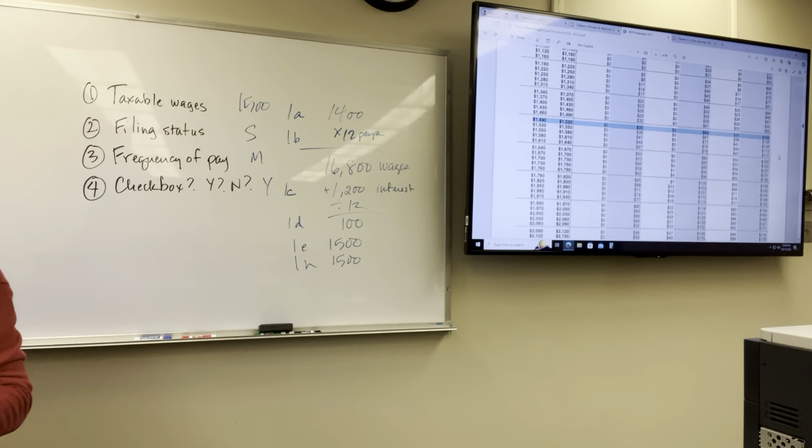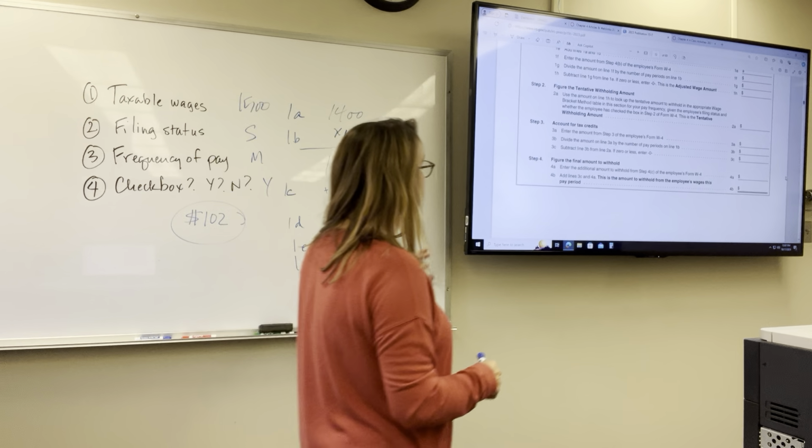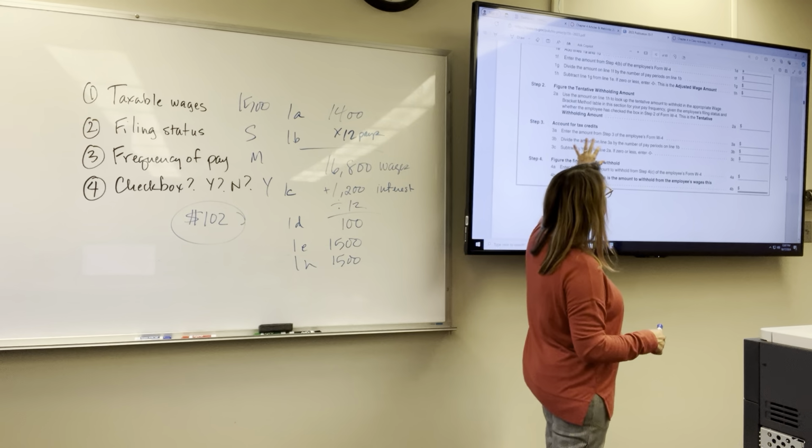Now the rest of this form, let me show you. If there was any additional amount, if there was any amount listed in step 3 on the W-4, you would need to fill out this part as well. This is for the child tax credit and credit for other dependents. This is going to be a reduction in the amount that's being withheld.